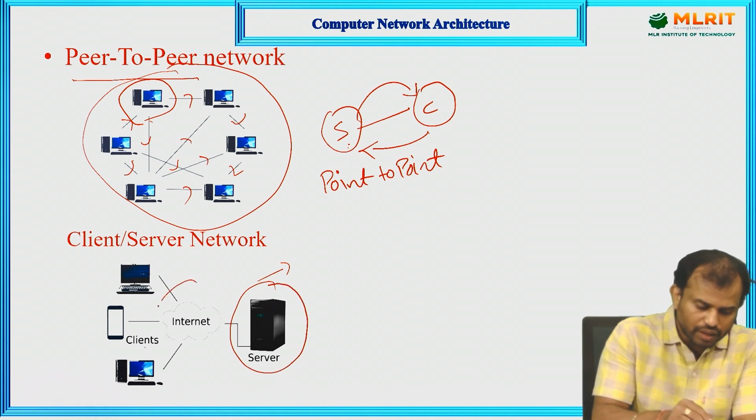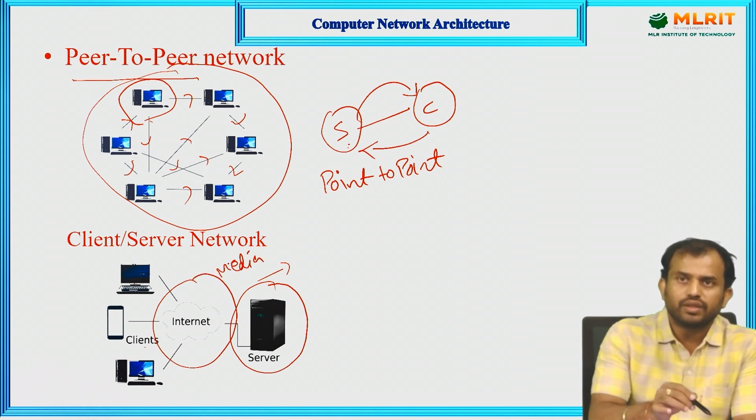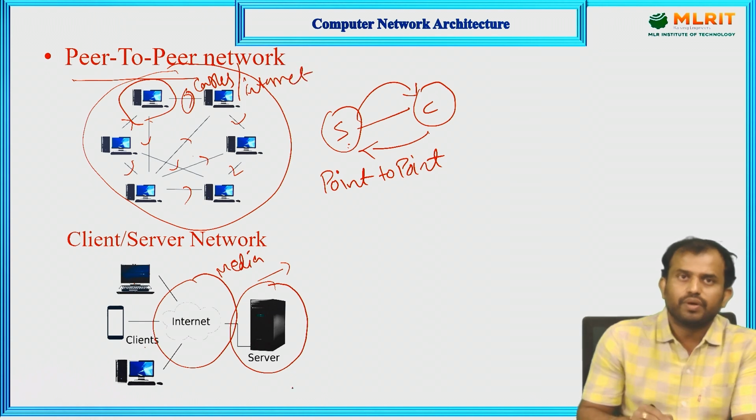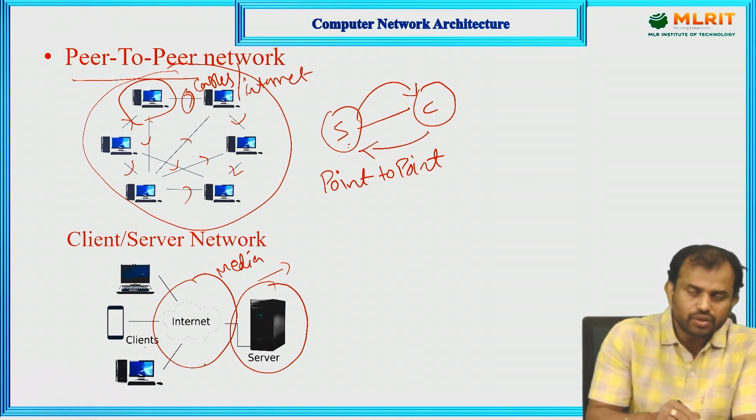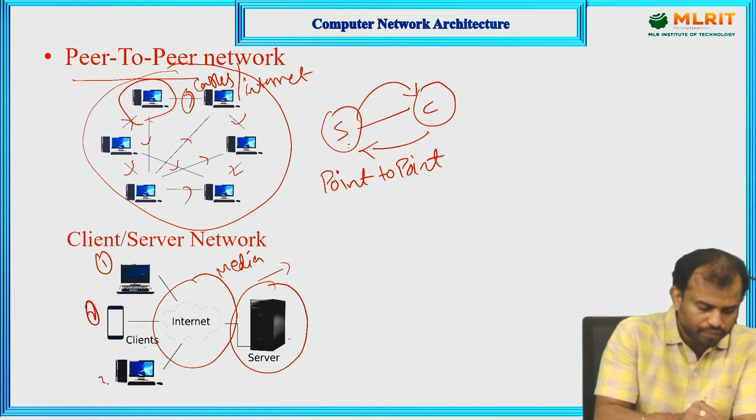But in the client-server network, we have one particular server and n number of clients. Here the internet is acting as the transmission medium, because I have one strong server and n number of clients. This stronger server can accommodate the information for n number of clients.